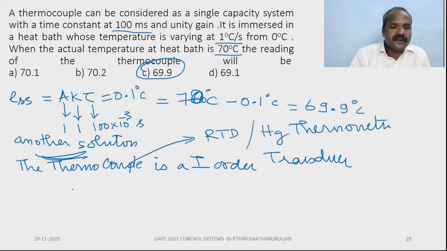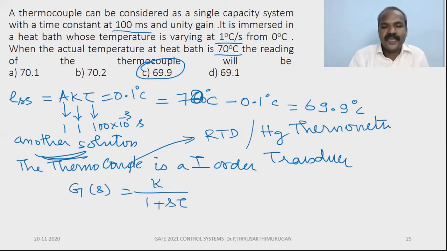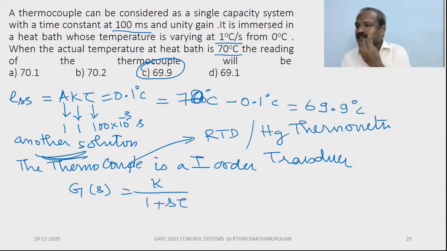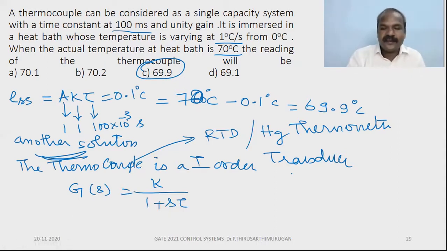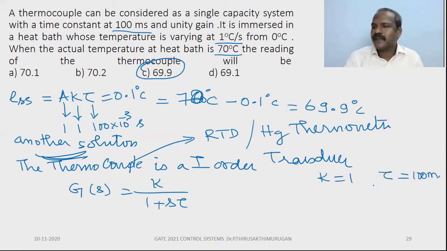So what is the transfer function for the thermocouple? It is K divided by 1 plus S tau. Now the transfer function is different. The unity gain K is 1, and tau is 100 millisecond, so that is 0.1 second.